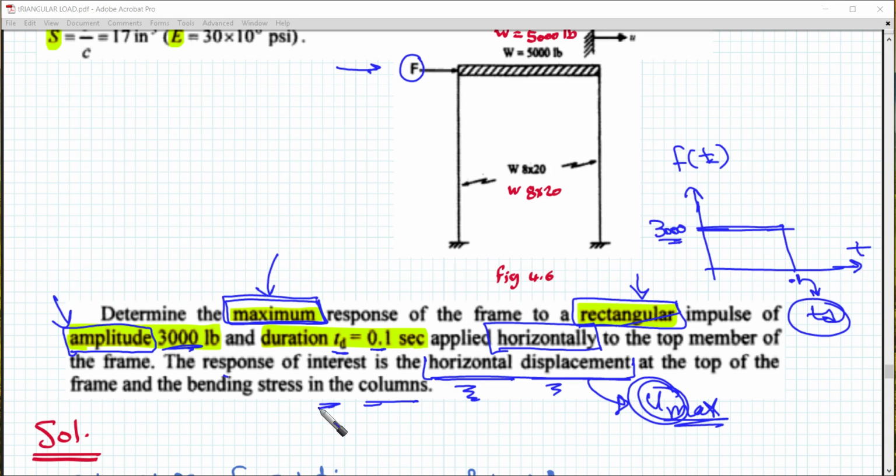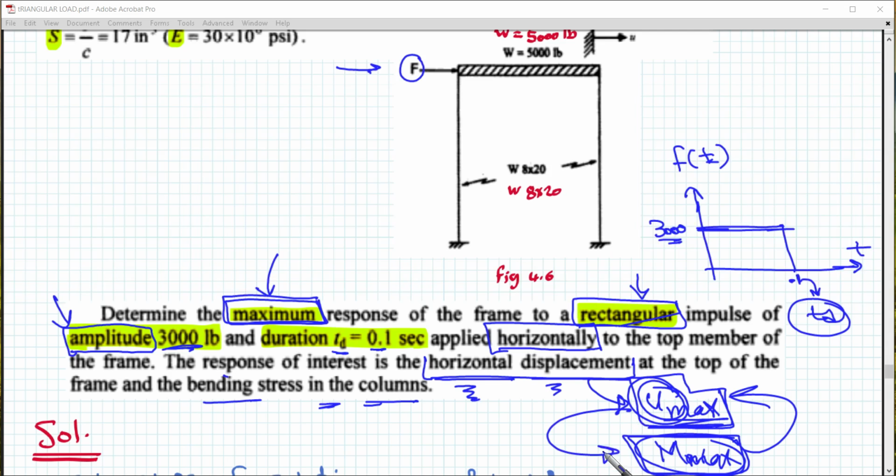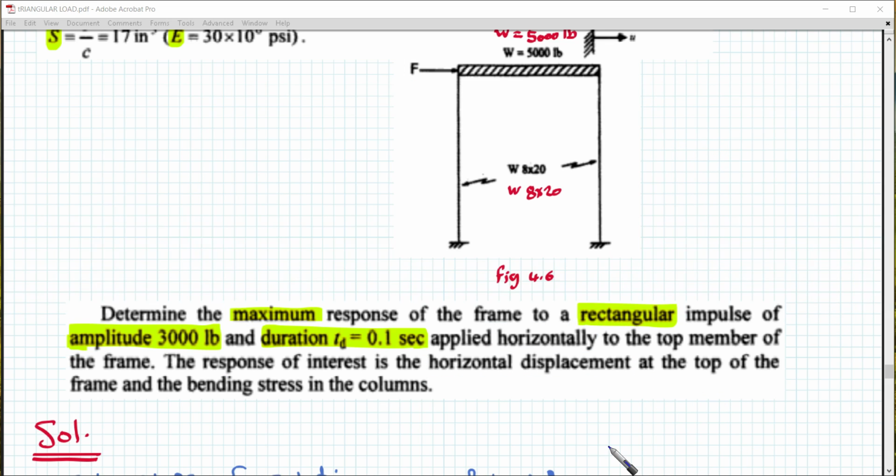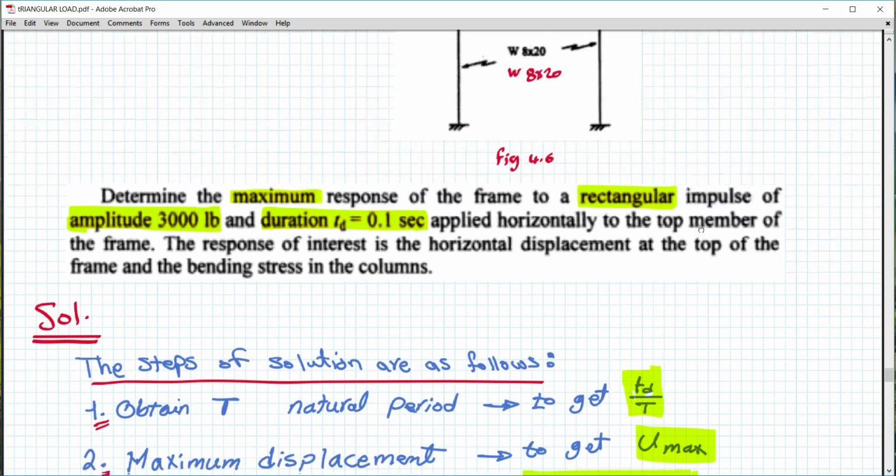And the bending stress, which is maximum, is going to result from this U maximum. So we do not need to worry about what the maximum moment is. If we can obtain U maximum, by default we are going to apply it to obtain the maximum moment. Okay, clean everything and let's move on.